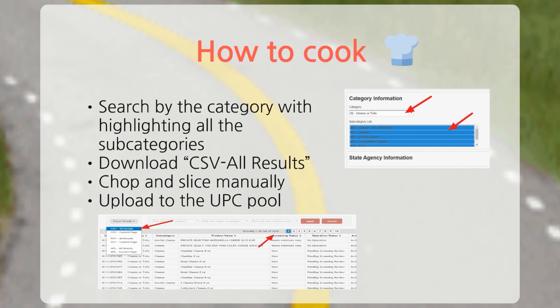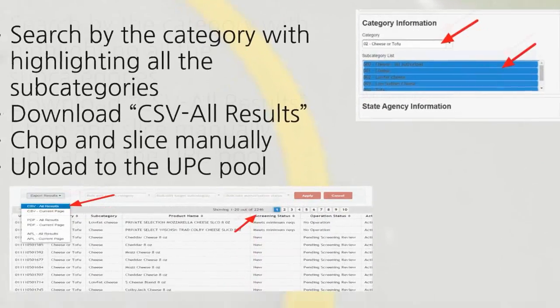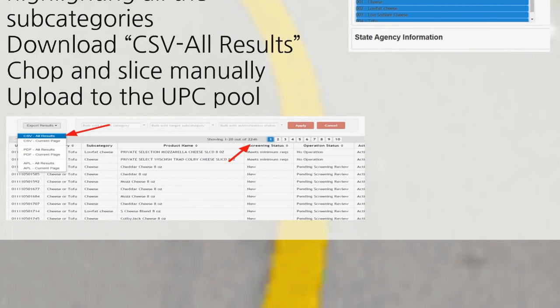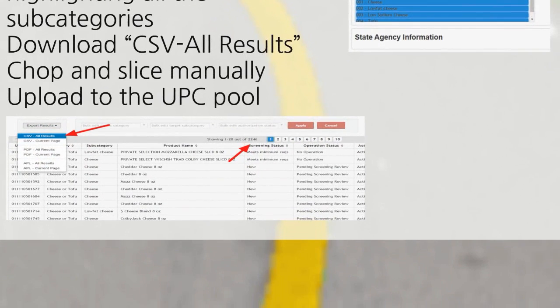Select the category first, and then highlight all the subcategories of the specific category, and download the CSV, all results. In this specific case, it is category number 2, and the search result is about 2246, right? And then download.